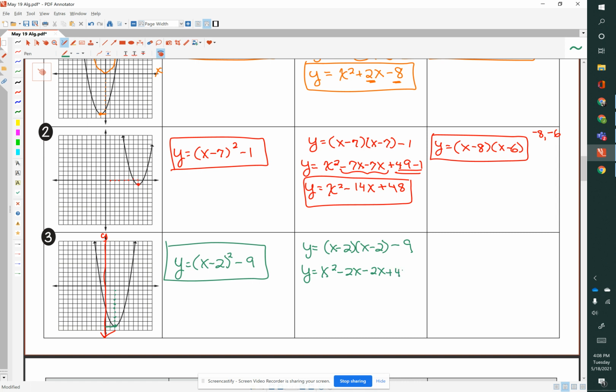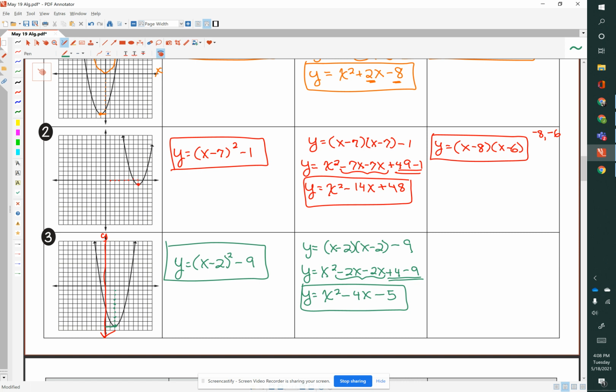Negative 2 times negative 2 is 4, minus 9. Let's combine the negative 2x minus 2x first. So we have x squared minus 4x, and then 4 minus 9 is negative 5. So there's our standard form.